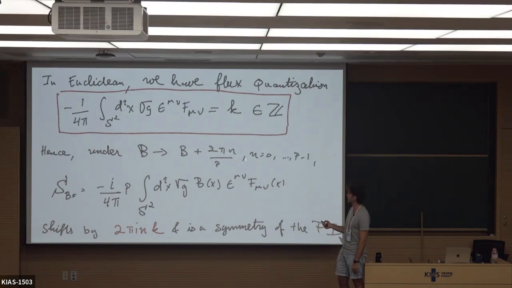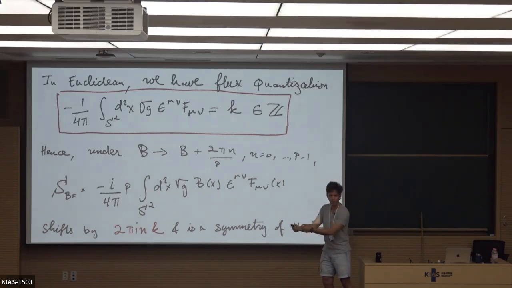A shift of B by 2 pi is not really a shift. There's an equivalence between B and B plus 2 pi. So a shift with n equal to P is a redundancy. And hence, if n is P plus 1, I can relate it to n equals 1 by a shift by 2 pi. So only these n are actual symmetries of the theory.